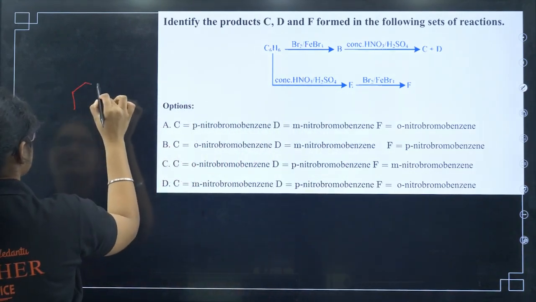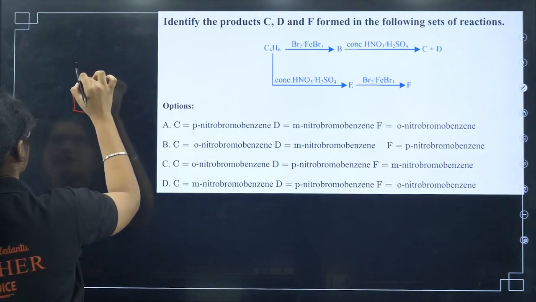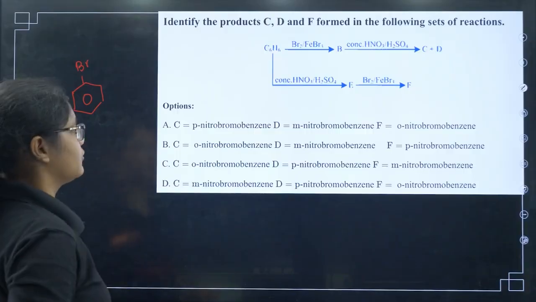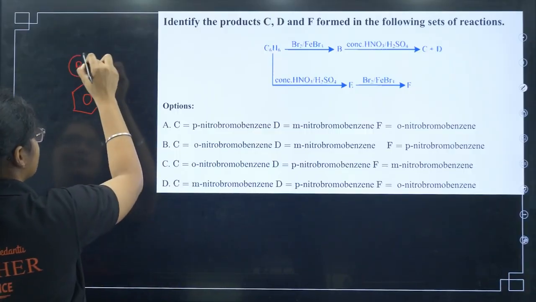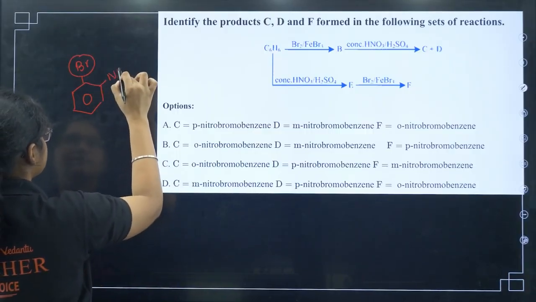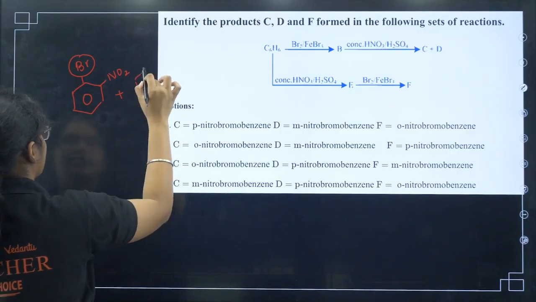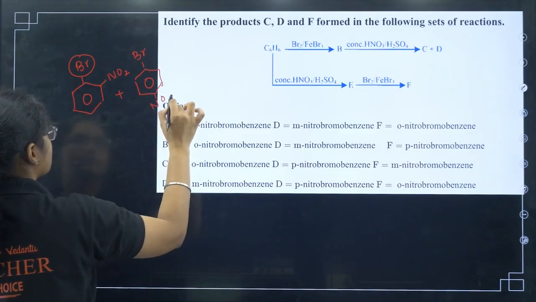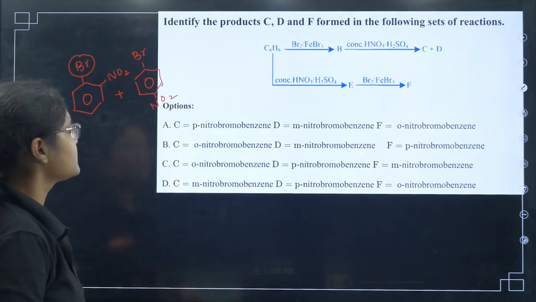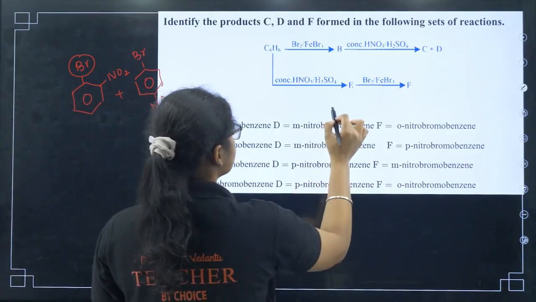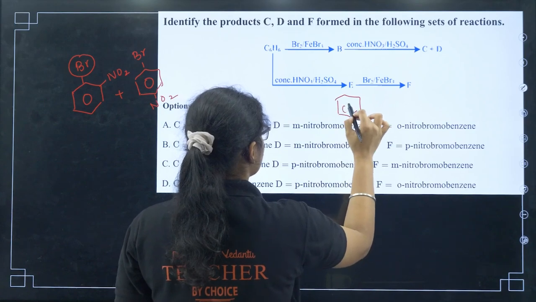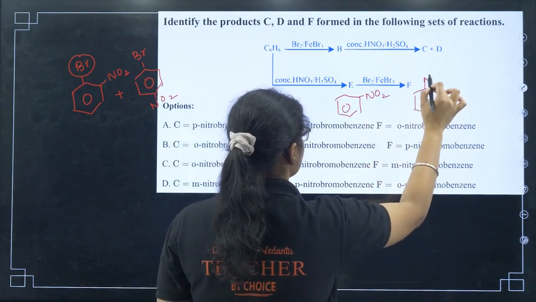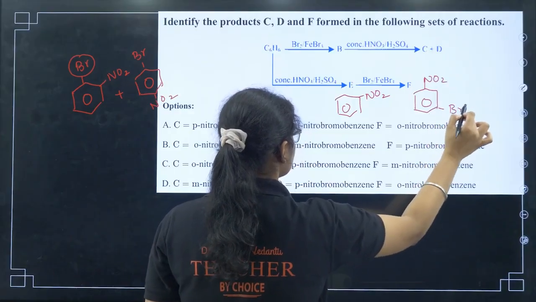Next question is given C6H6, Br2, FeBr3. If I have C6H6, that is your benzene, with Br2 FeBr3 I will get bromination. Then if I do nitration, I will get what? This is ortho-para directing. So I will get one product like this, and one product like this, with Br and NO2 here. Both the products I will get. Next, if I do nitration first, I will get one NO2 group, and then if I do bromination, it has to be at the meta position, right?